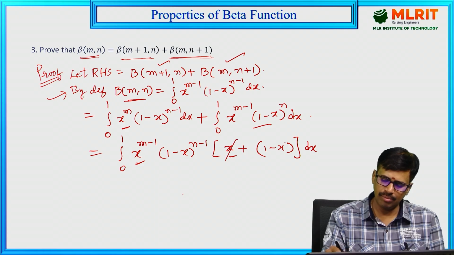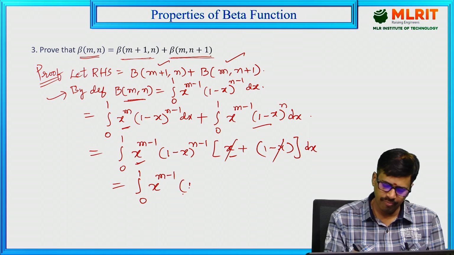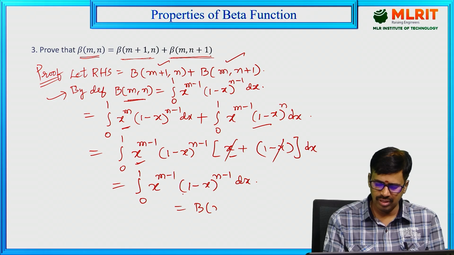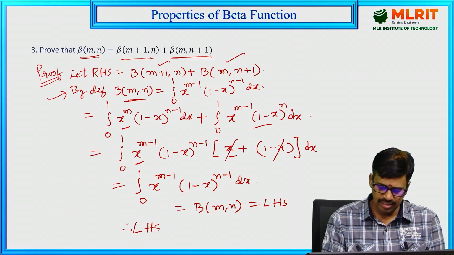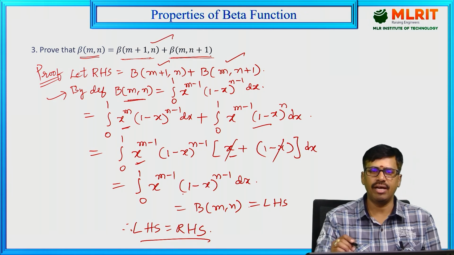So plus x minus x cancel, and we get integral 0 to 1 x power m minus 1 into 1 minus x whole power n minus 1 dx. But this is the same as beta of m comma n. So we got the LHS. Thus LHS is equal to RHS. So this is one result of beta function.